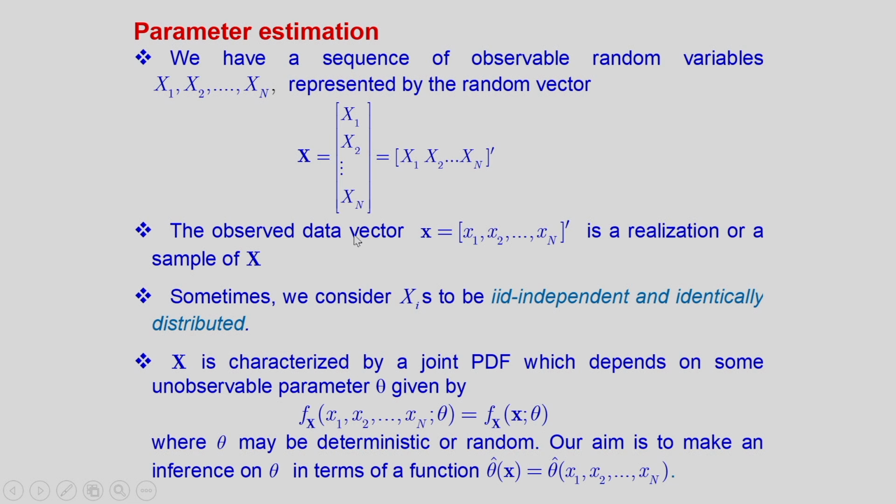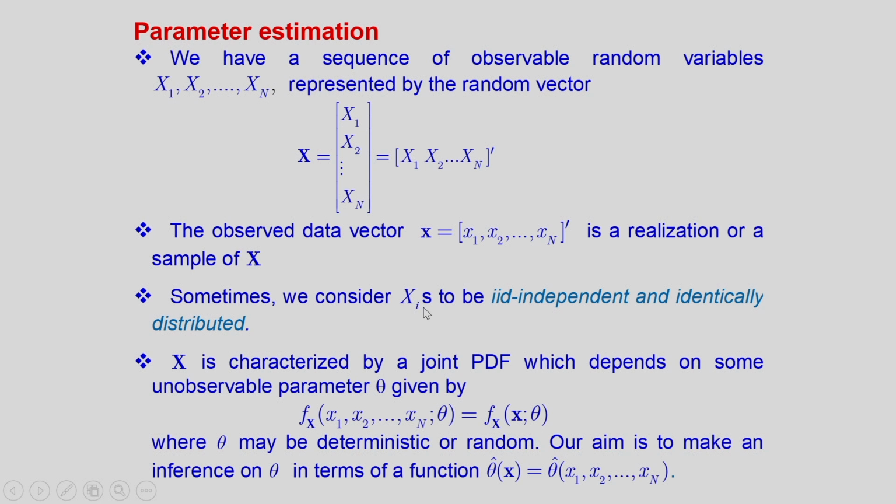The observed data vector, small x, that is small x1, small x2 up to small xn transpose, is a realization of the samples of X, because X is a random vector and whatever we observed at a particular time constitutes a realization of the sample of X. So, small x is a realization, capital X is a random vector.